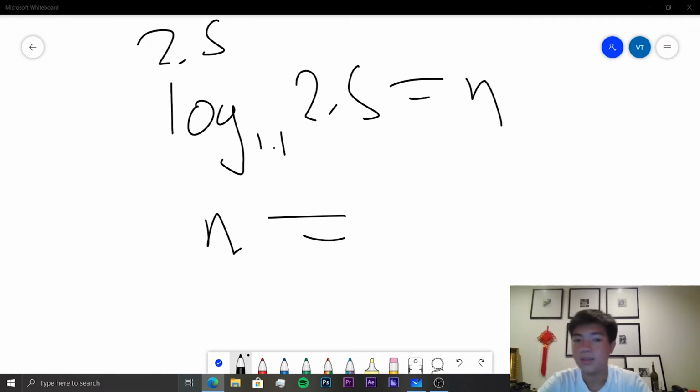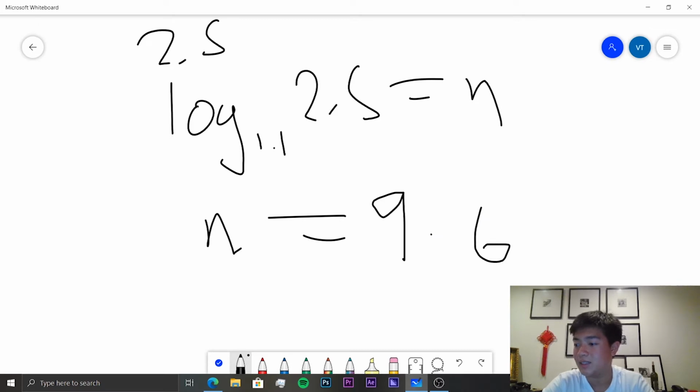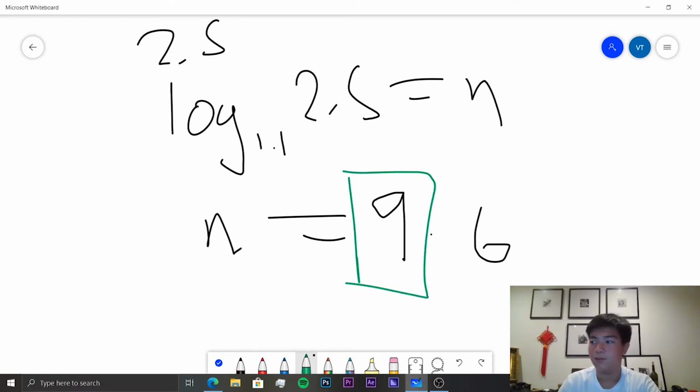Logarithm button, and we have logarithm of 2.5 divided by logarithm of 1.1, and your answer should be something like 9.6, something around 9.6. And so this means she can do only 9 trials successfully.